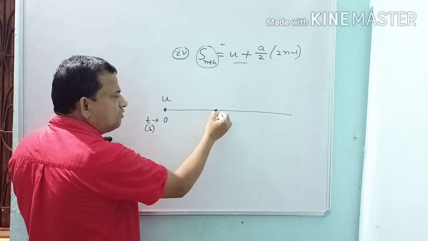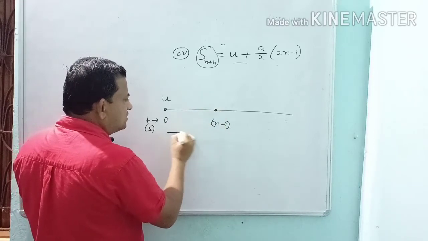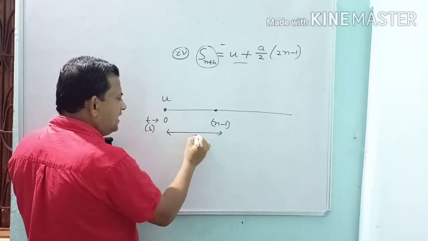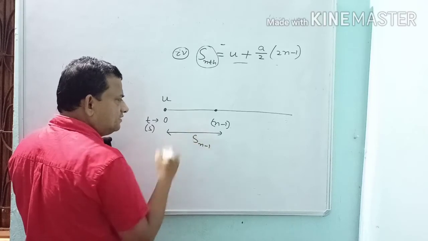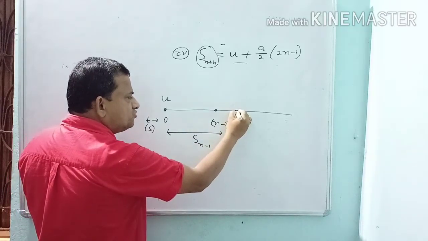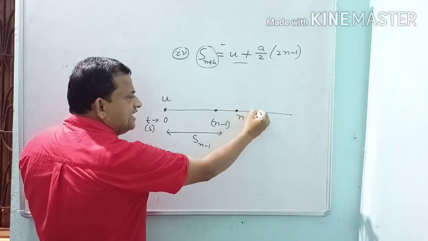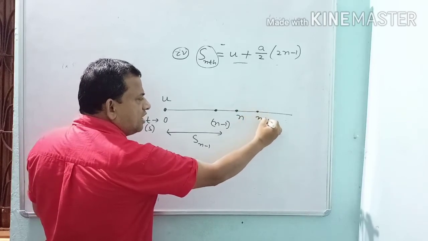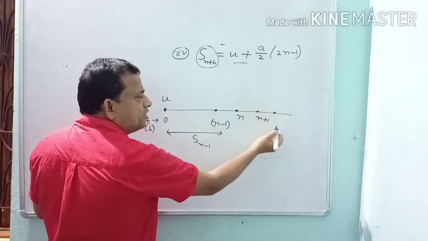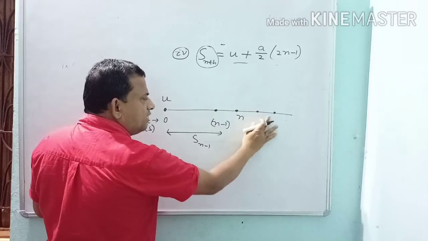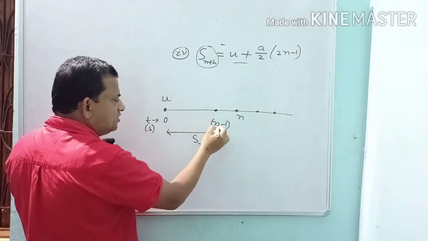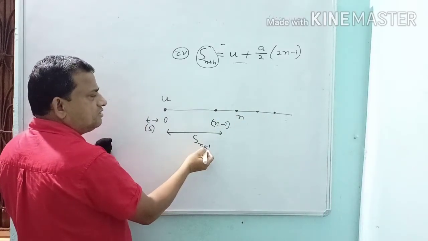In n − 1 seconds, it covers a distance of S(n−1). And the next time is n, the next is n + 1, the next is n + 2, like that. So in n − 1 seconds, the distance is S(n−1).